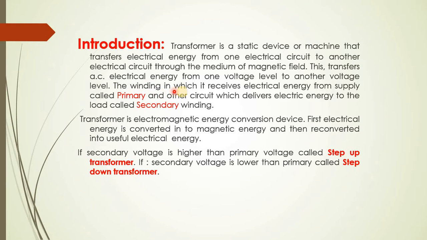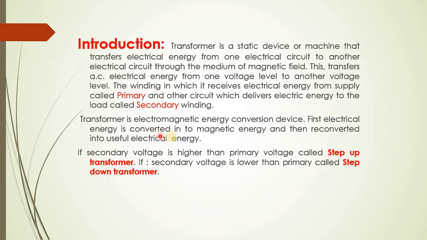The winding which receives the electrical energy from the supply is called the primary winding, whereas the other circuit which delivers the electric energy to the load, that winding is called the secondary winding. The transformer is an electromagnetic energy conversion device.